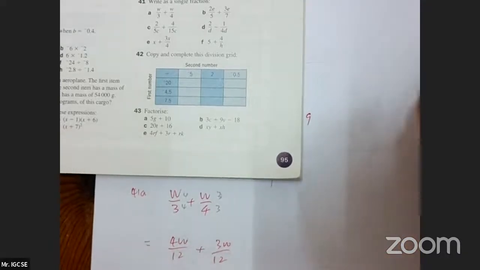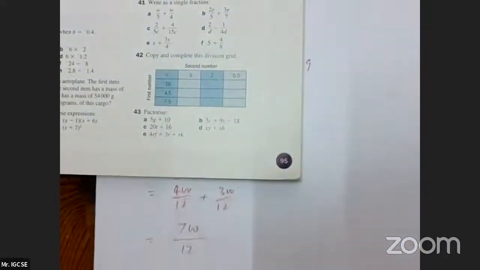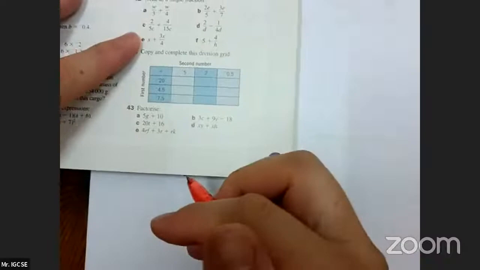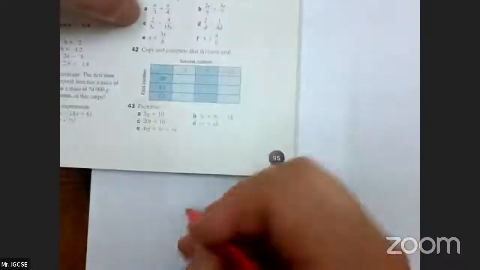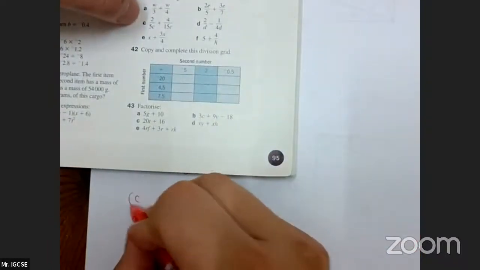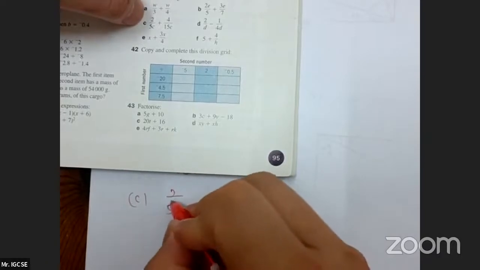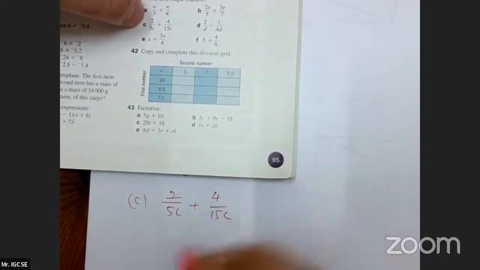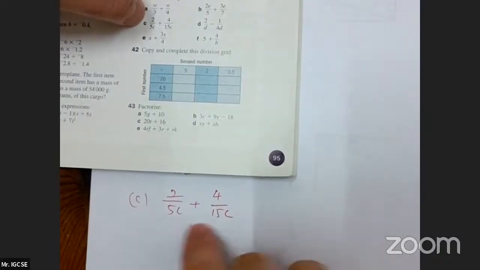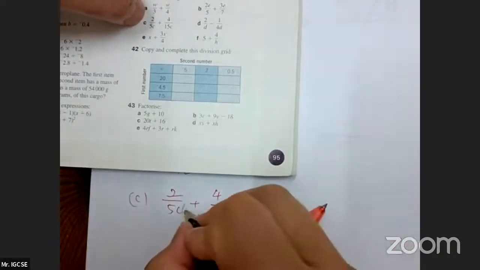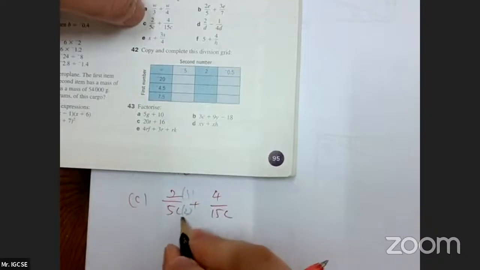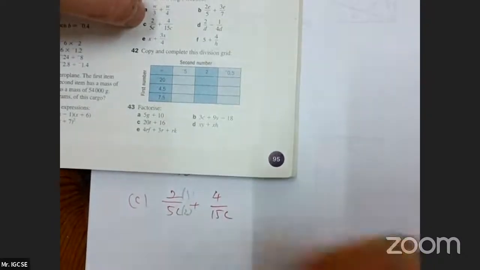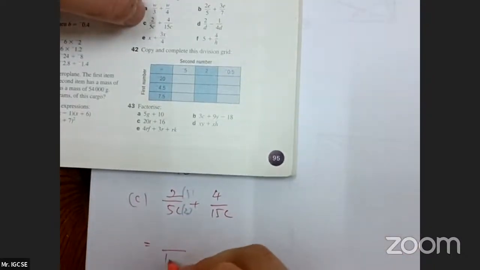And we go to the C and have a look. C is tricky. 5C over 2 plus 4 over 15C. We know that not all, only this part times the 3. 5 times 3 will get 15C already. So only one side. So this one is 15C.